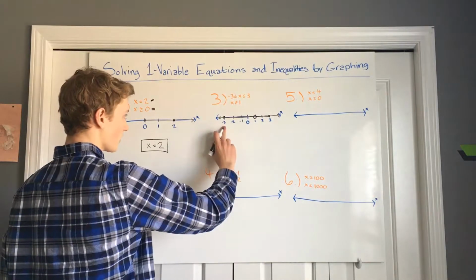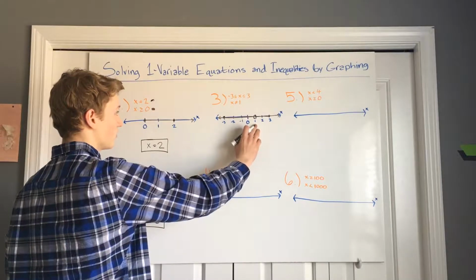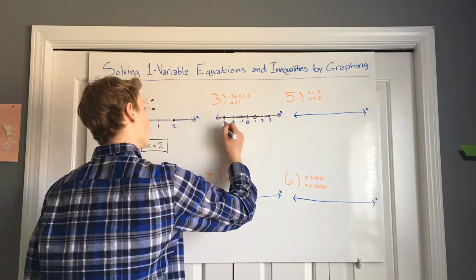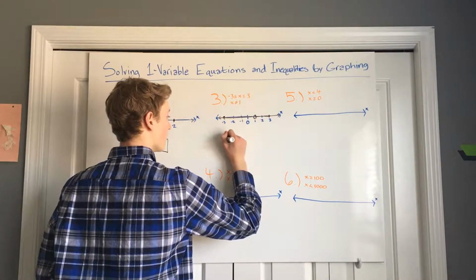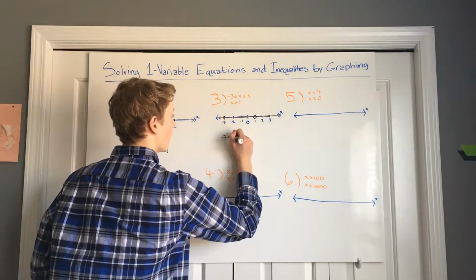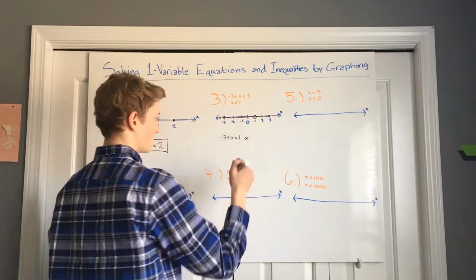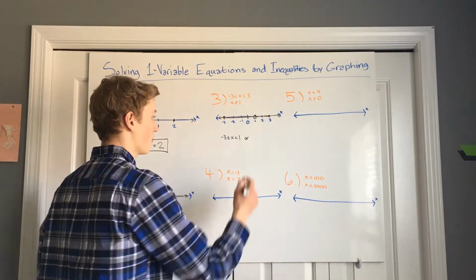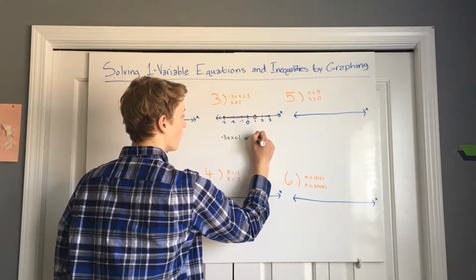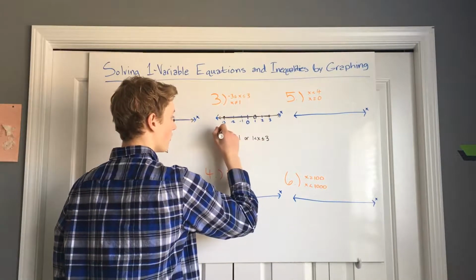So I see they overlap starting at -3 and they go up to 1 and they can't include 1 and then they go from 1 to 3. So we'll go -3 is less than or equal to, because that is an equal to, x, which is less than 1, or, since we have two different spots where they overlap, we put an or. 1 is less than x, which is less than or equal to 3.